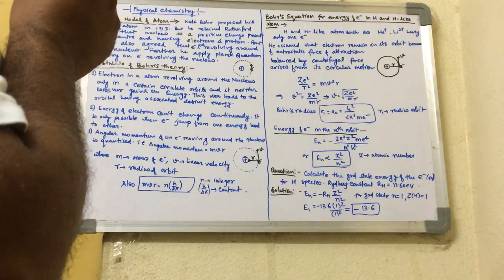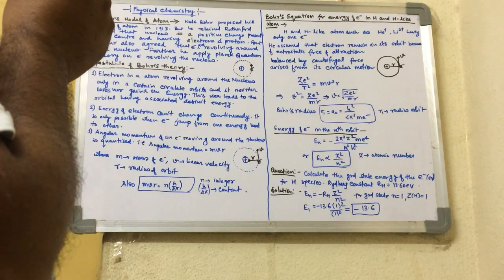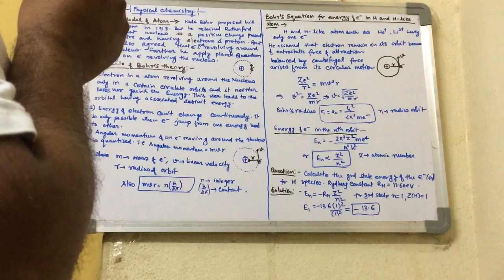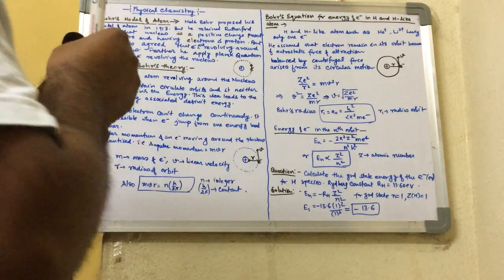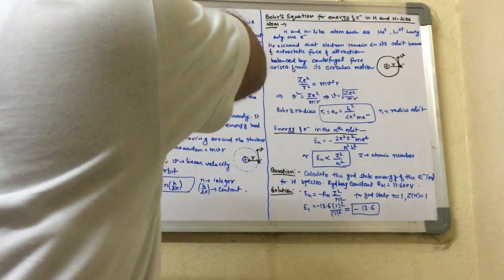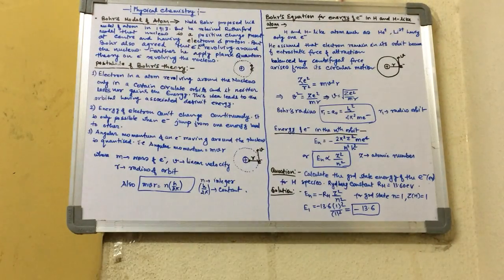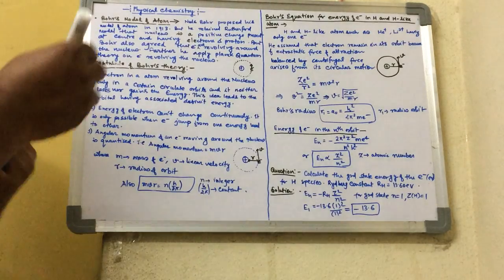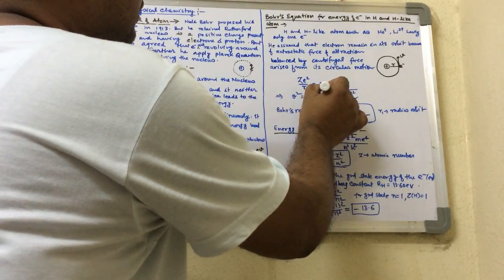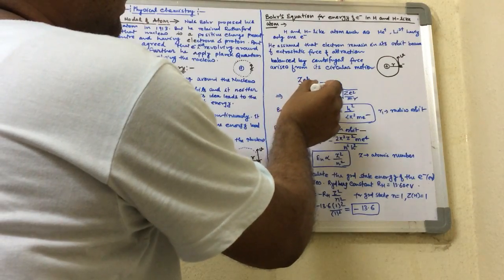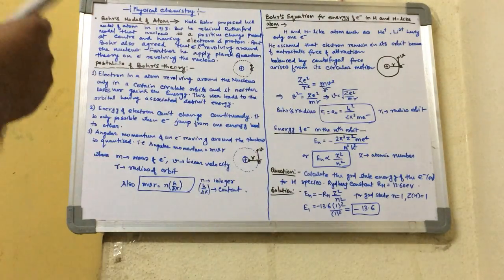Sorry, m v square upon r, so one r will cancel out, then one r will remain.